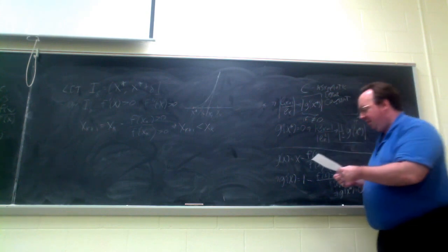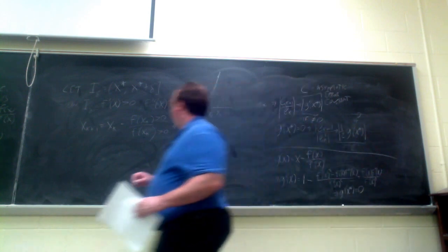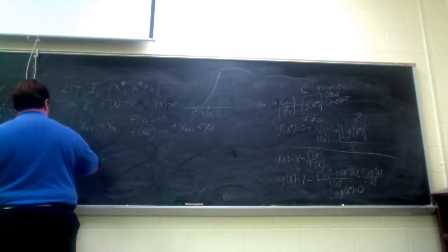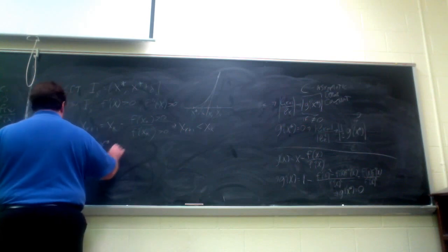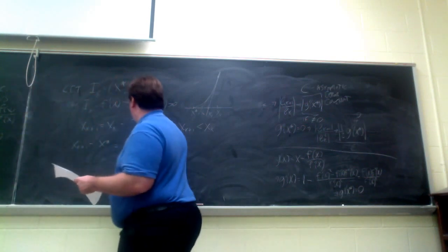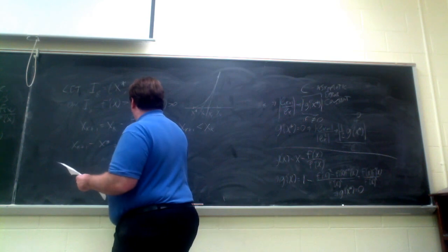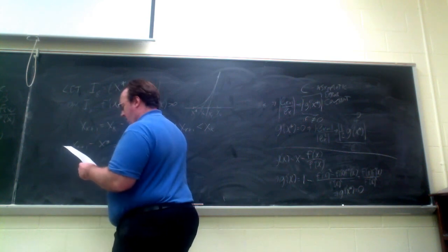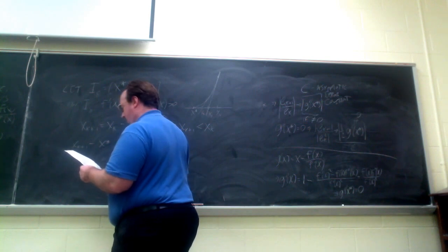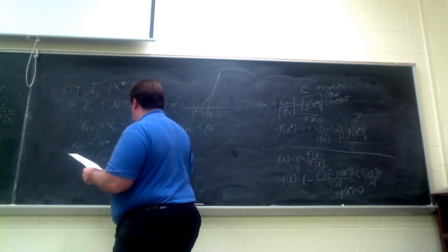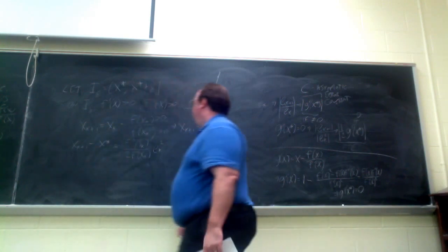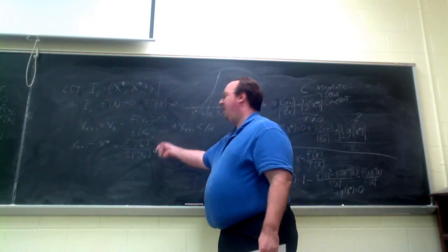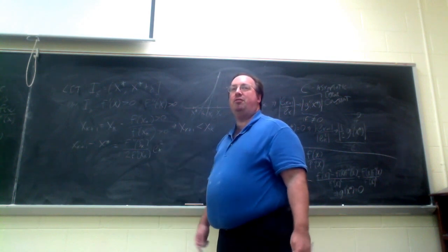But now, let's look at the error. So xk plus 1 minus x star, we know from a previous analysis, is f double prime at some unknown point between xk and the root over f prime at xk times ek squared. But the thing is, everything in this expression is positive.